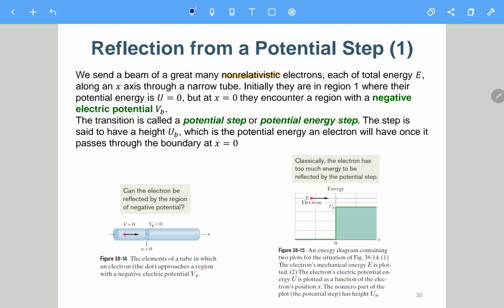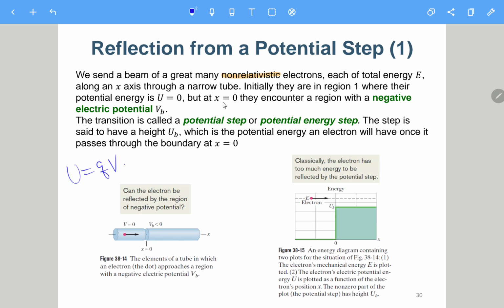If you still remember in chapter 24, we have U equals QV. And now we have electrons, so Q is nothing but minus e, minus 1.6 times 10 to the minus 19 coulombs.